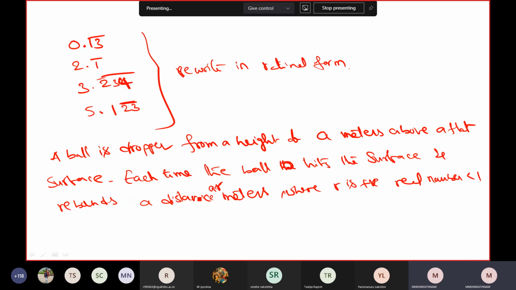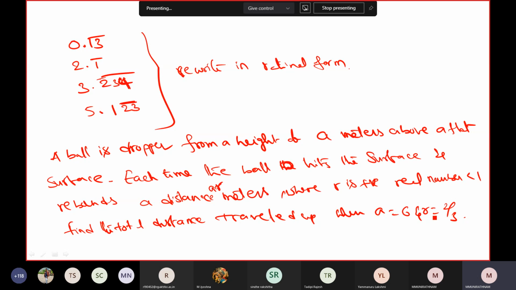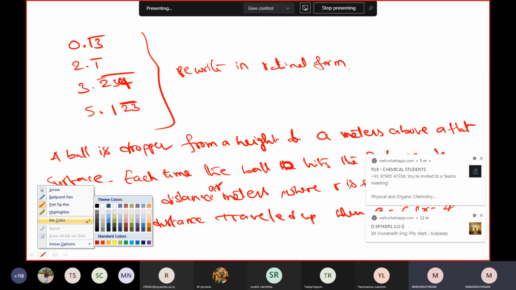Then find the total distance traveled by the ball when A equals 6 and R equals 2/3. Have you written it down? We'll go for the solution of these. Will you do it?